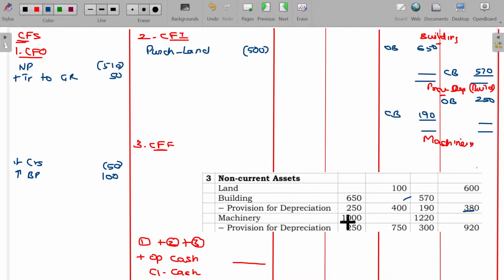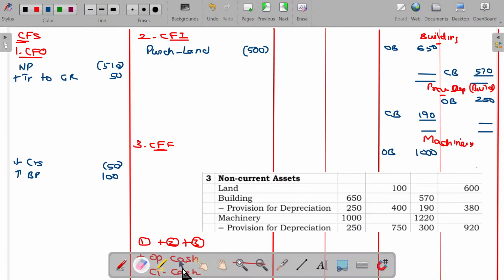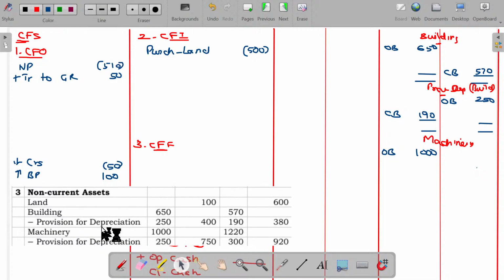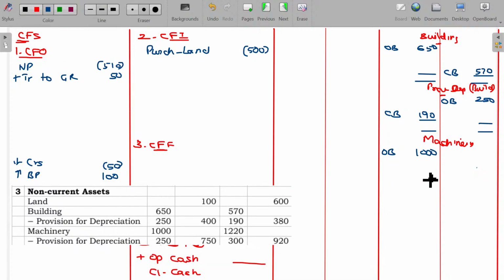Okay. Next one being machinery. Opening balance of the machinery being 1000, closing balance 1220. Okay. What's the closing balance? 1220. Provision for depreciation on this.